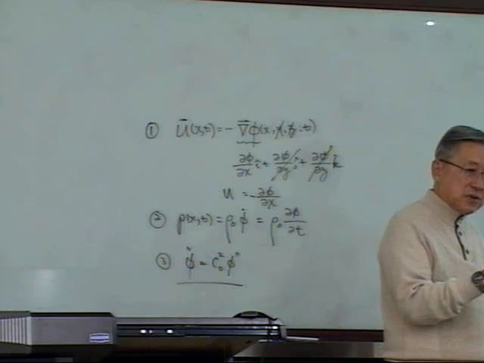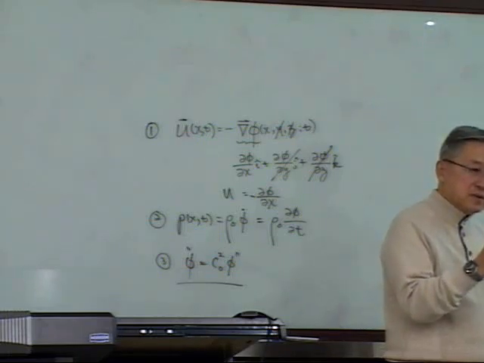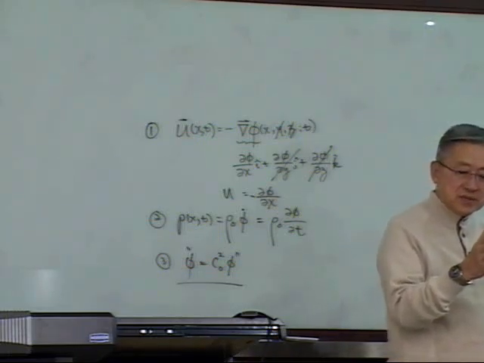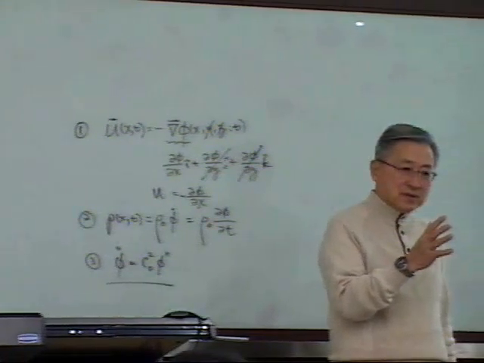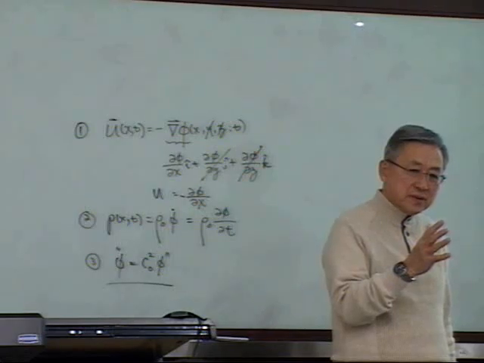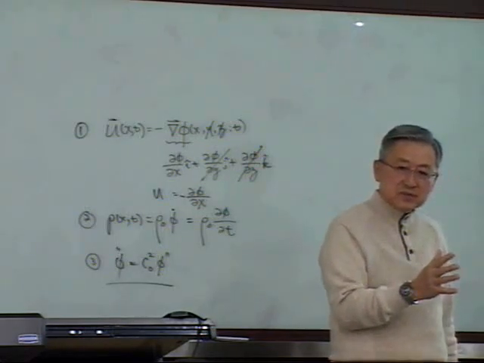So the scattered wave has two parts. What parts does it have? One part is the reflection wave from the rigid surface.